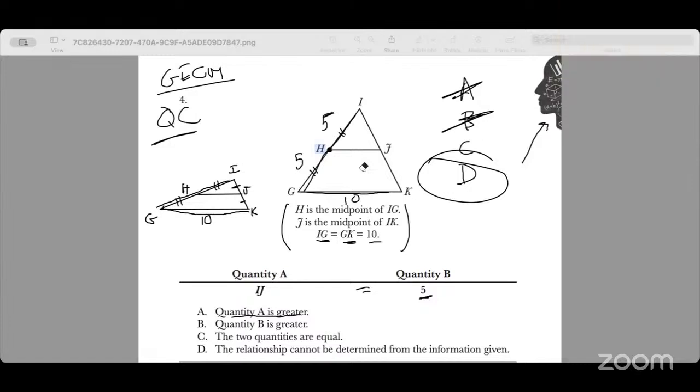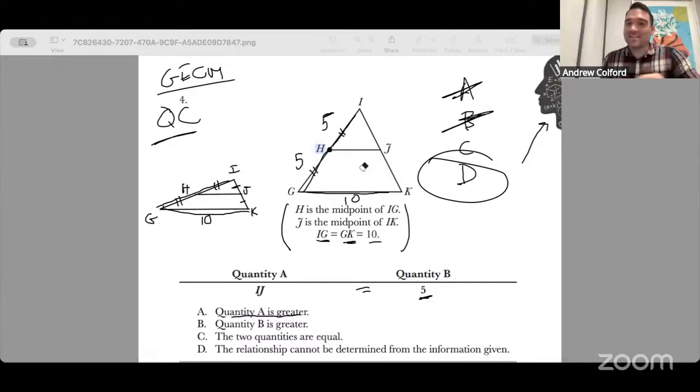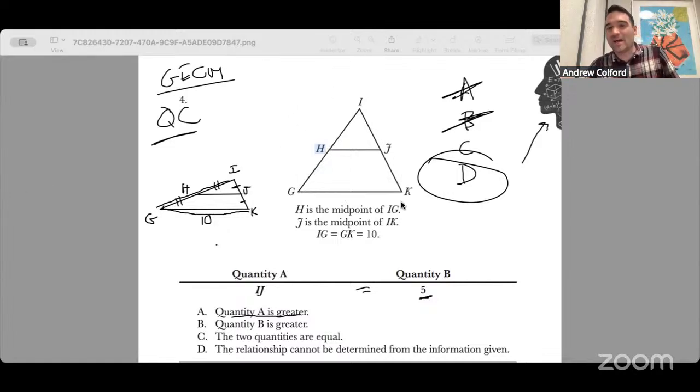Right? That again is the sort of quantitative comparison mentality that we want: as long as I obey the constraints that they give me here, and this is for geometry quantitative comparison in particular, stretch it to its limit visually. They've given us something that looks kind of like an equilateral triangle.